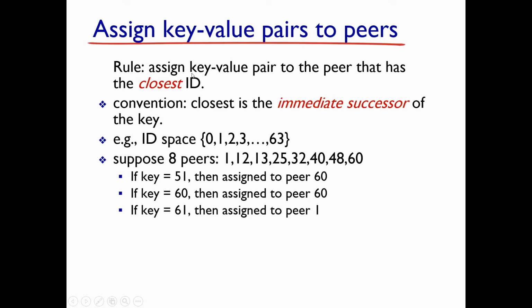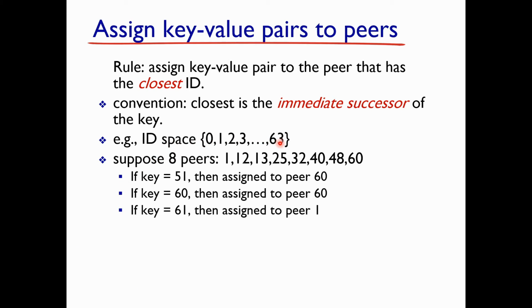So assign the key value pair to the peer that has the closest ID, meaning where exactly you have to store the key value pair. Next, what do you mean by the closest? Closest is the immediate successor of the key.